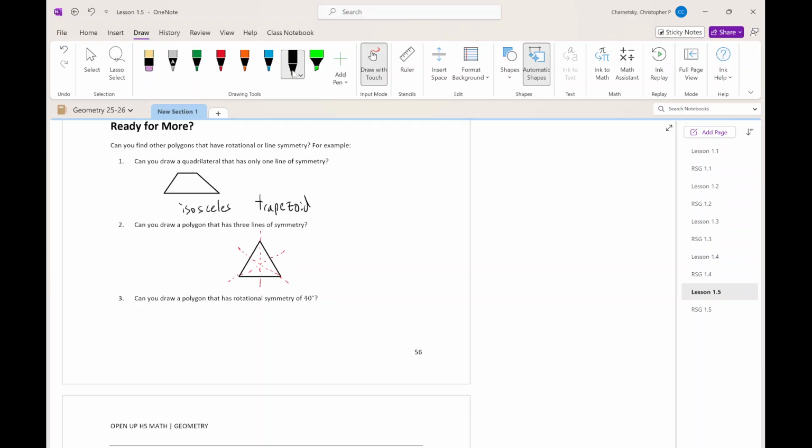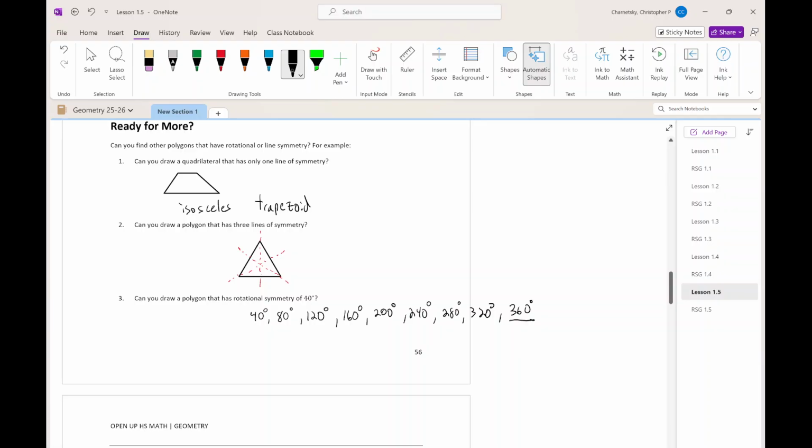If we had rotational symmetry at 40 degrees, well, one turn would be 40 degrees, another turn would be 80 degrees, then 120 degrees, then 160 degrees, then 200 degrees, 240 degrees, 280 degrees, and 320 degrees, and finally all the way around to 360.